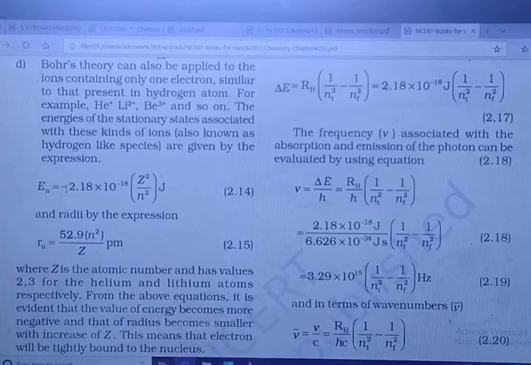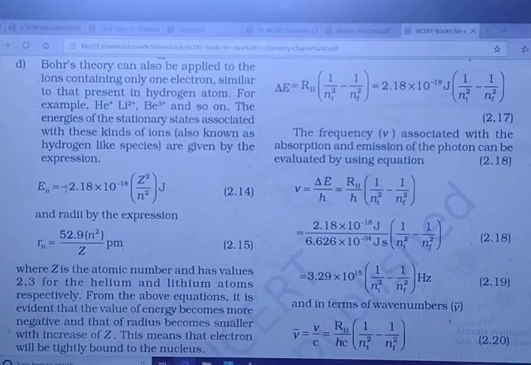So here En is equal to minus 2.18 into 10 to the power minus 18 into Z square upon N square joule. And what will be the value of the radius? The radii will be 52.9 into N square by Z, and it will be measured in picometer.